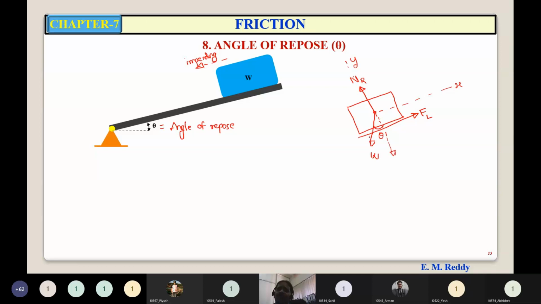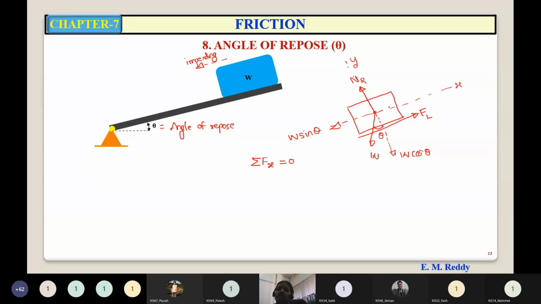Then the component of weight in y direction, that is the component adjacent to the angle, is W cos theta, and the other perpendicular component is W sin theta. Now writing equations of equilibrium, say summation Fx is equal to 0.